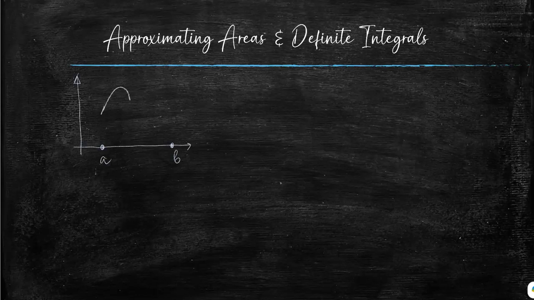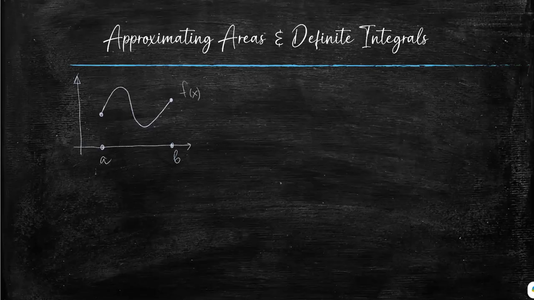That means it is also continuous on the interval from a to b, so it doesn't cross the x-axis. We will relax this requirement later, but in the meantime, this is what we have.